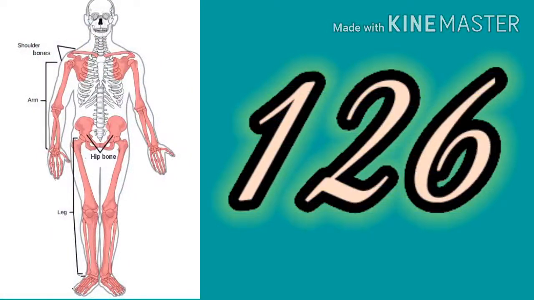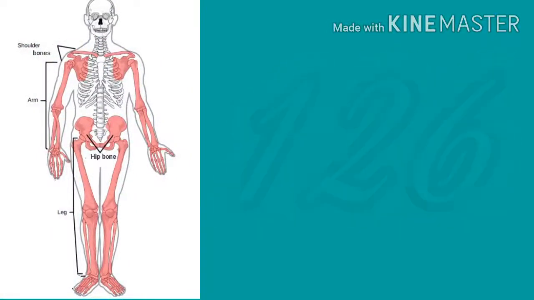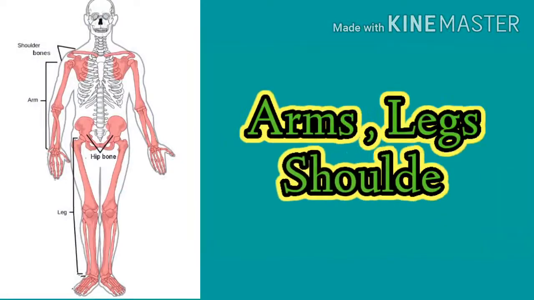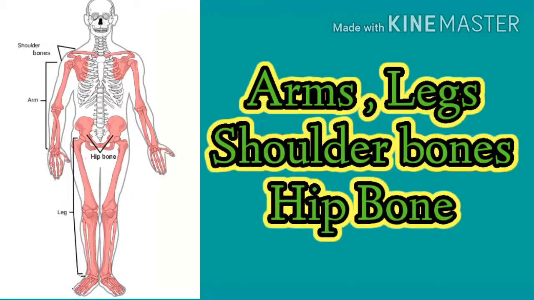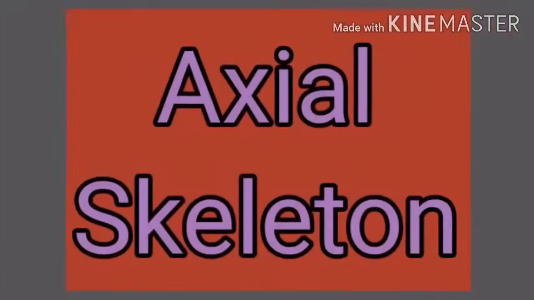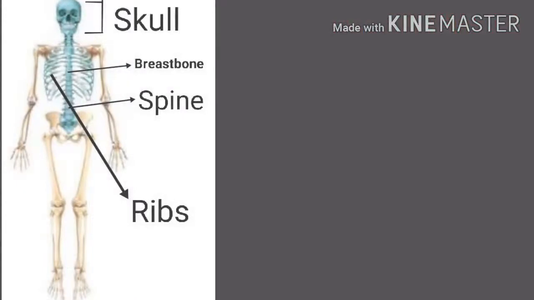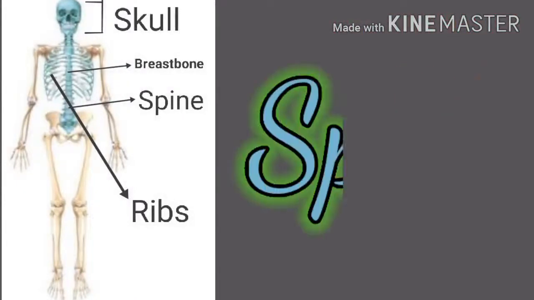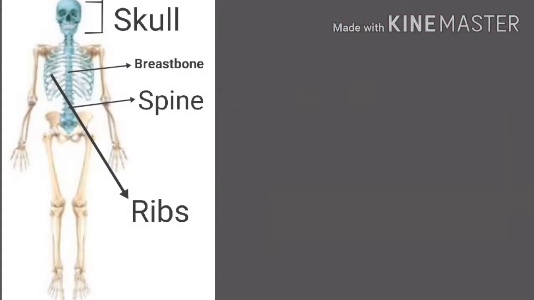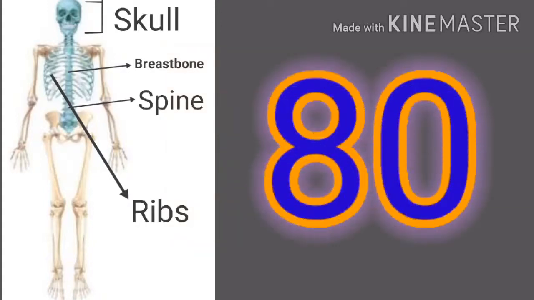It consists of 126 bones. The bones of the appendicular skeleton are arms, legs, along with the shoulder bones and hip bone. Axial skeleton. The bones of the axial skeleton are the skull, spine, ribs and the breastbone. It consists of 80 bones.